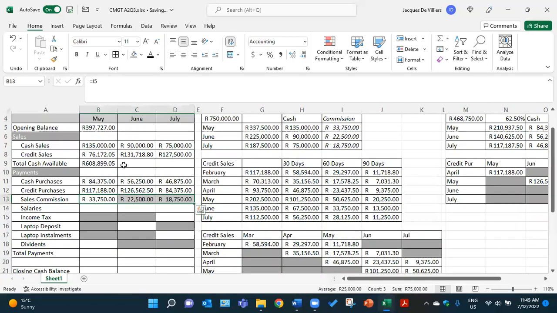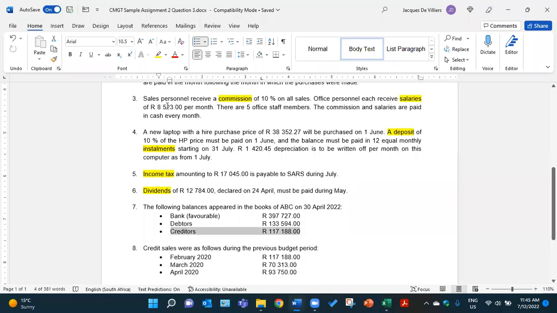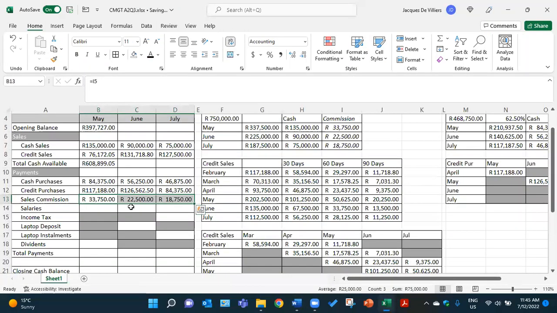Our salaries, we were told that we pay 8,523 to 5 people, so we must multiply that with 5, and that salary bill stays constant for our budgeting purposes. We are told that we need to pay income tax in July, so there's nothing going to show in May and June.